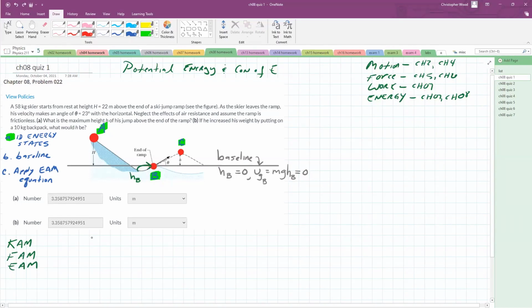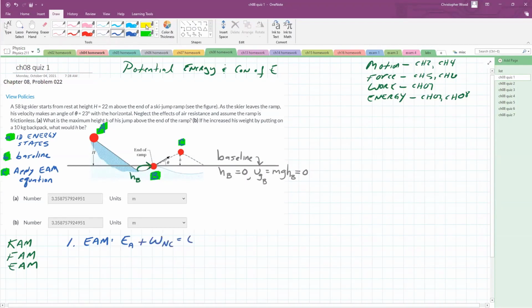This is the EAM equation. It says the following: whatever energy, what should I do between? I'm going to do between A and C. Whatever energy I have at state A plus whatever non-conservative work occurs equals my energy at state C. This is conservation of energy.